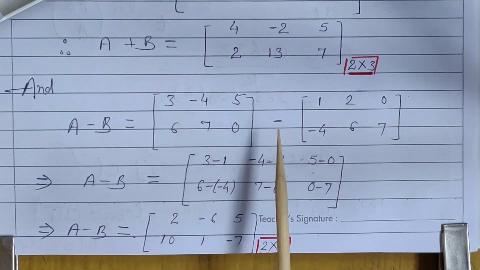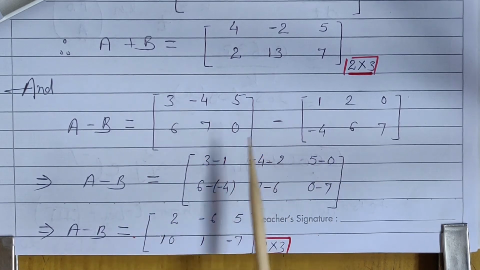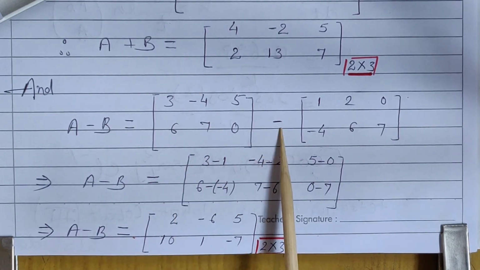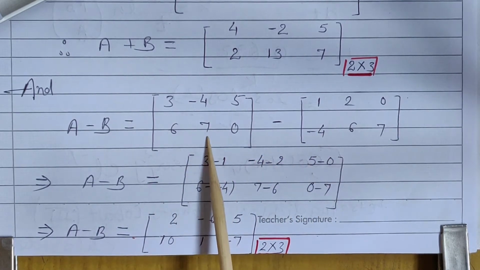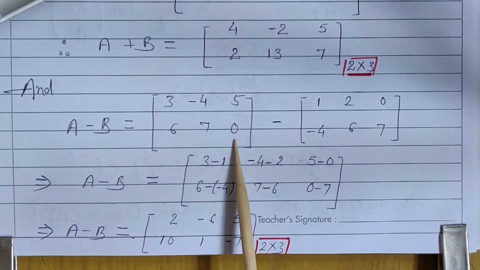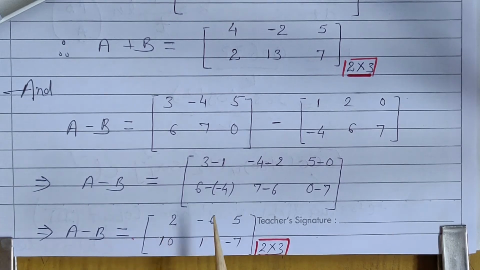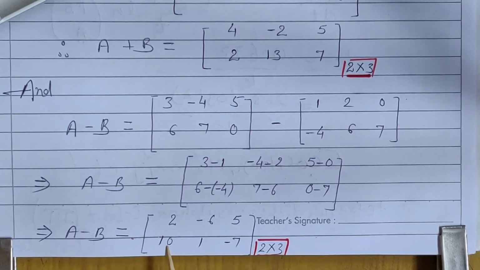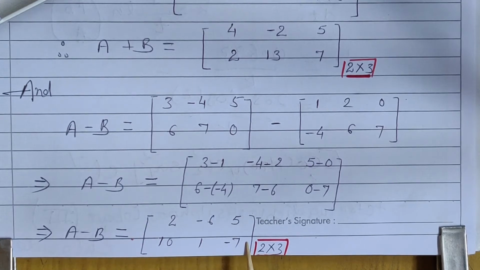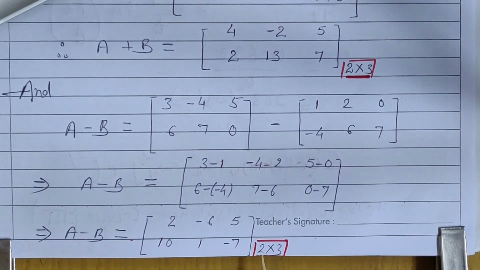Again corresponding elements we have to add or subtract. 6 minus minus 4, 7 minus 6, 0 minus 7. We will finally get A minus B equals 2 minus 6 5 10 1 minus 7. Its order is again 2 into 3.